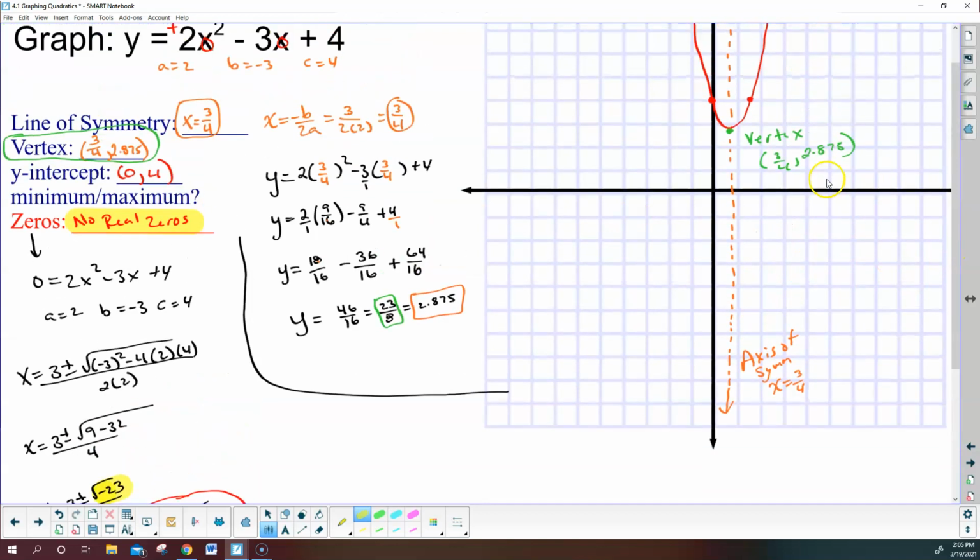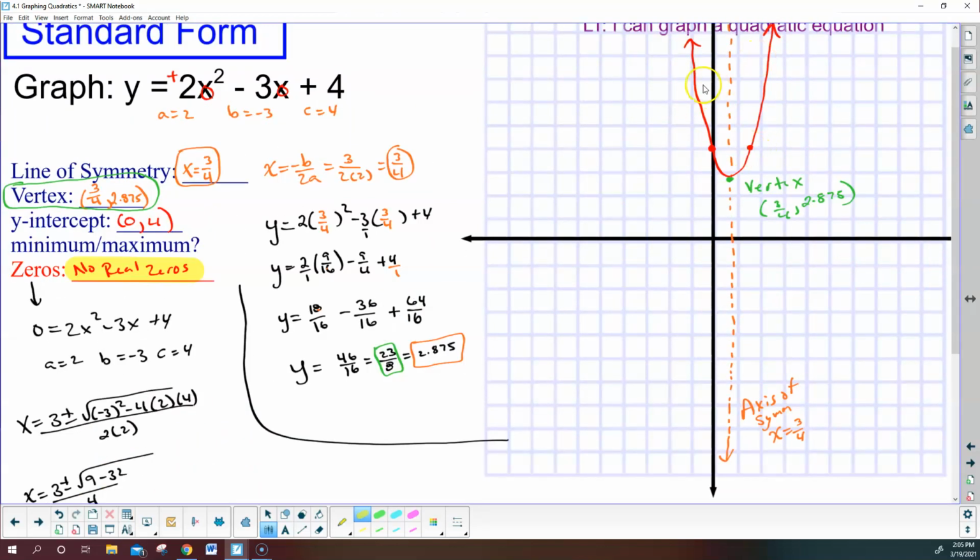They don't cross the x-axis. I think that's just important for you guys to make the connection that if your function does not cross the x-axis, it means that only imaginary answers are possible. Kind of a cool connection to what we've done in the past.